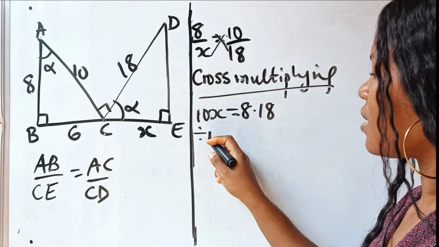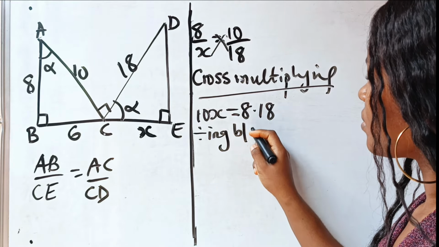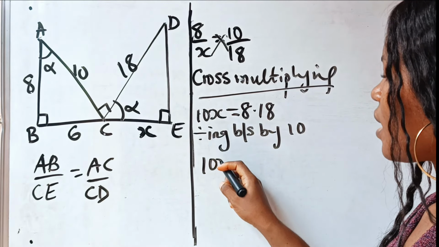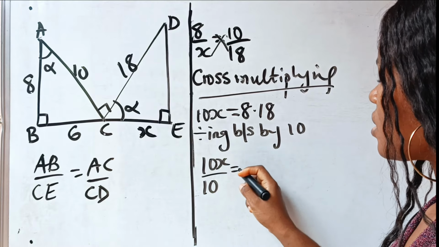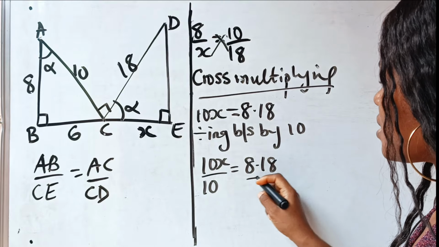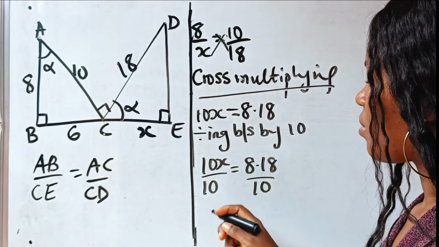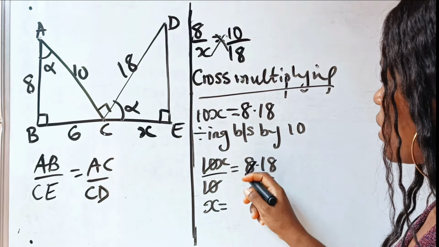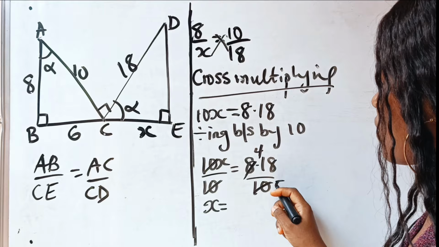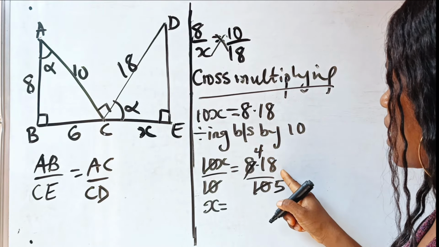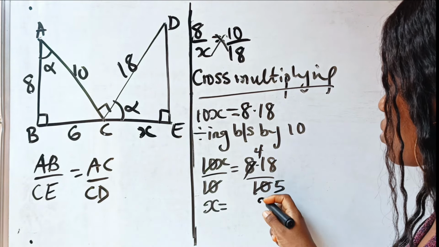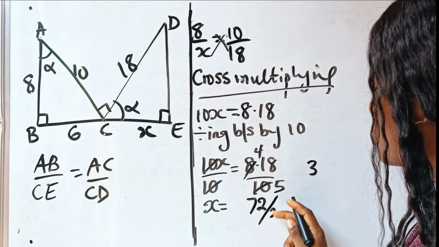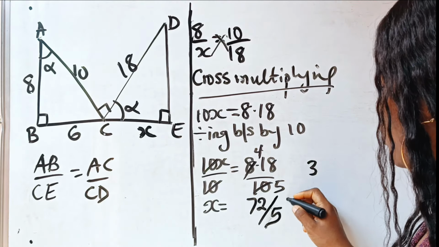So dividing both sides by 10, we are going to have 10x over 10 is equal to 8 multiplied by 18 over 10. Then we divide by 2, to give us 4, and 10 by 2 to give us 5. Now 4 times 18, 4 times 8 is 32, carry 3. 4 times 1 is 4 plus 3 is 7. So we have 72 divided by 5 units.